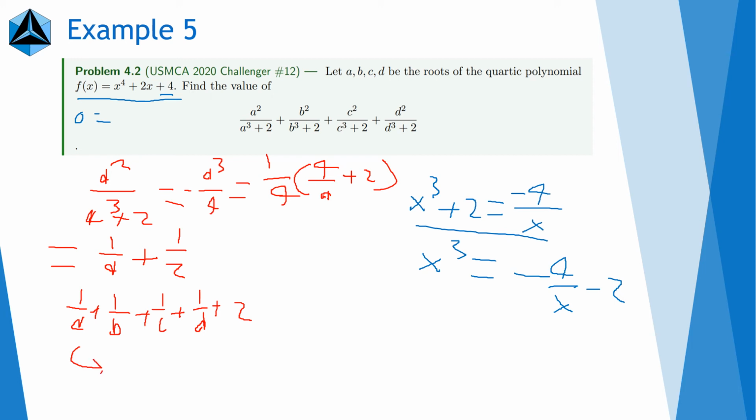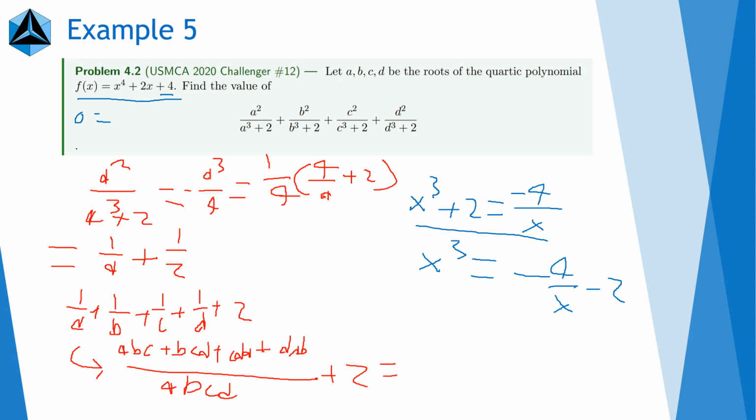So this turns into ABC plus BCD plus CDA plus DAB all over ABCD, plus 2.